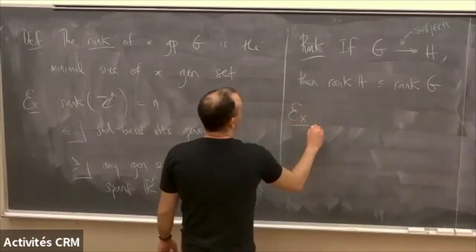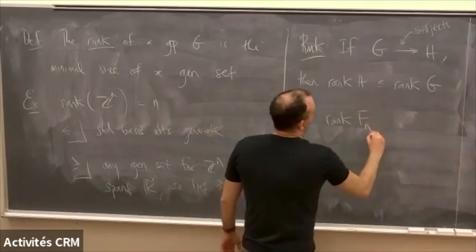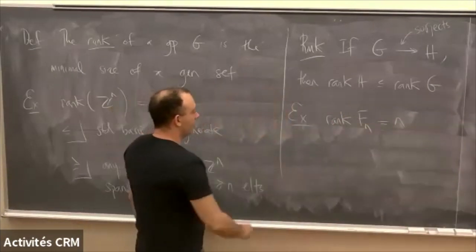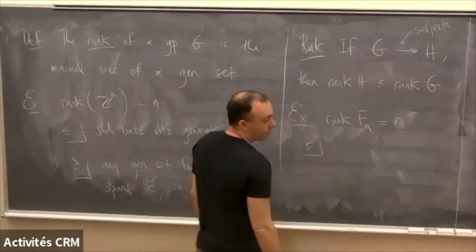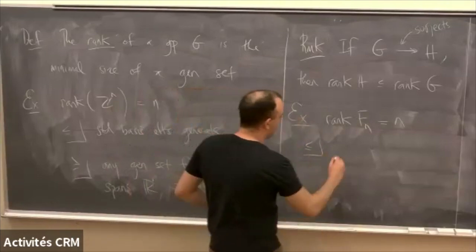But we can use this together with the Z^n example to get a couple more examples. So for instance, what about the free group? If I take a free group on n letters, then the rank of that is n. Again, the upper bound is obvious because it's defined to be generated by n elements.